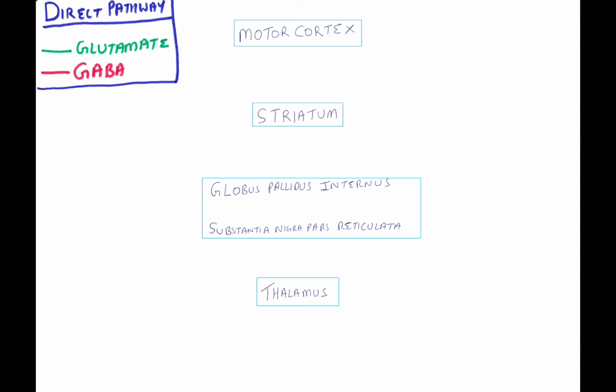So, when the body is at rest, globus pallidus internus and substantia nigra pars reticulata inhibit thalamus. So, the body is at rest. It's not performing any motor function. But now we are planning to do exercise. So, the motor cortex will stimulate striatum. When striatum gets stimulated, it inhibits globus pallidus internus and substantia nigra pars reticulata.